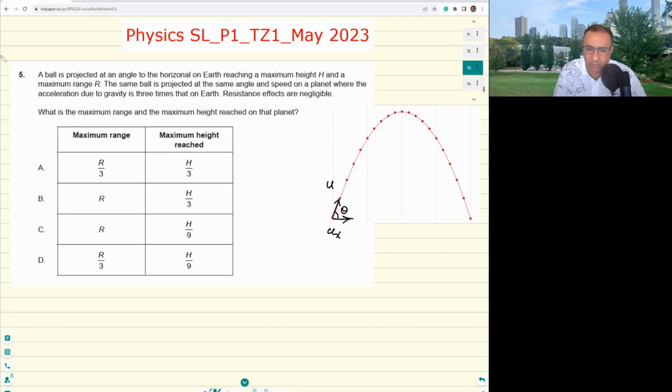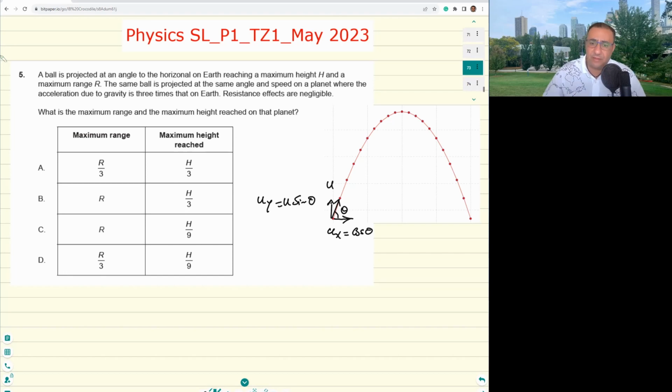You say, okay, I have the horizontal component Ux equals U cosine theta, and the vertical component of U is Uy equals U sine theta. This is the first fact and the first step you always do when you approach a projectile motion question.